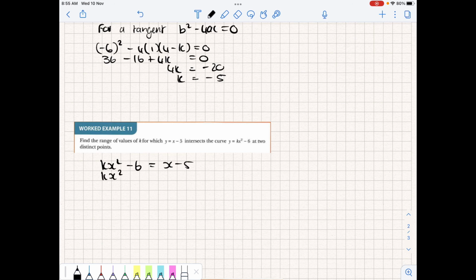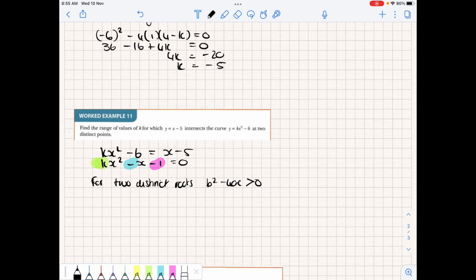Kx squared minus x. If I move the 5 over, I'm going to get minus 1 equal to 0. So again, we have our a, we have our b, and we have our c term. So for two distinct roots, b squared minus 4ac must be greater than 0, must be positive.